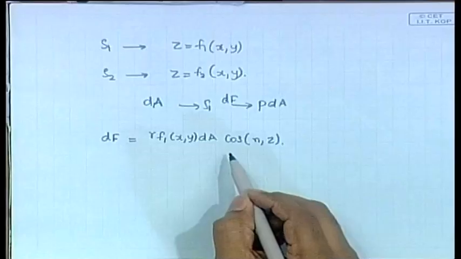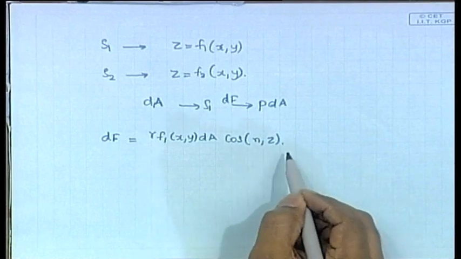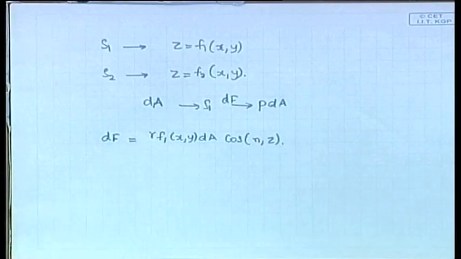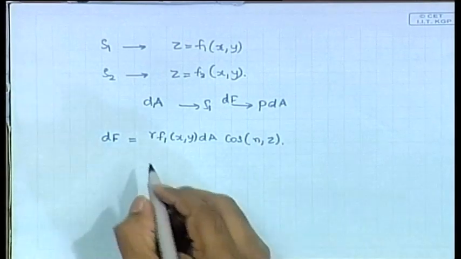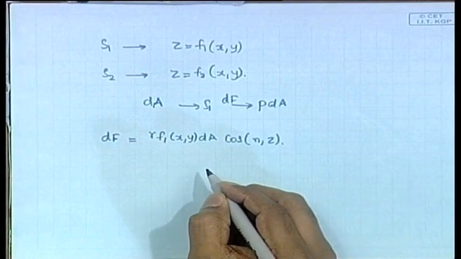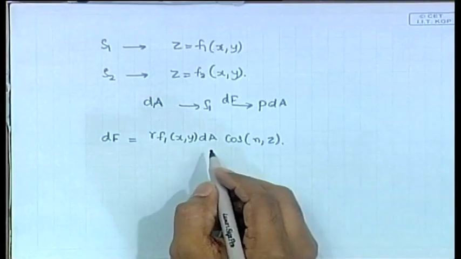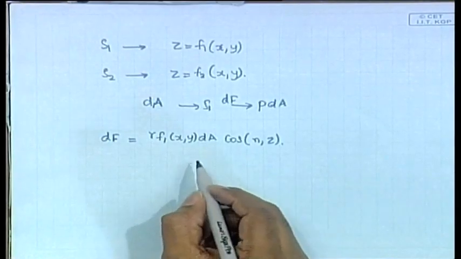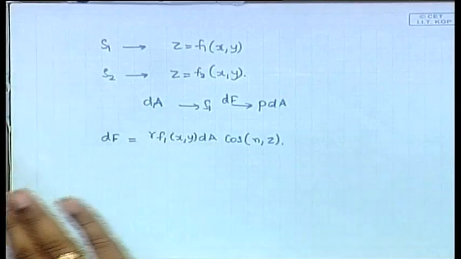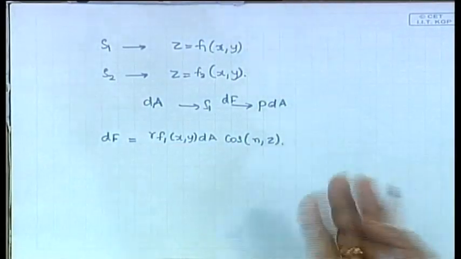That is what cos of n and z represents, the vertical component of the force. As I have told you before, we want the vertical component because we are always talking about the buoyancy force. Now, this is over a small element dA. Let us suppose we want the whole area of S1, we integrate this.